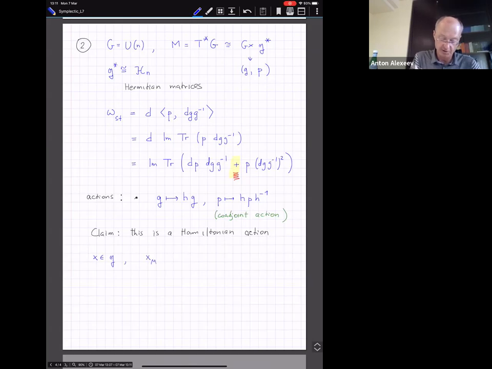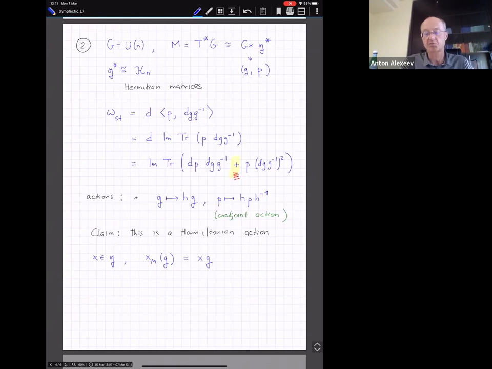Let me write it down, and then you tell me whether you believe me. X_M of G will be xG. Remember, these are matrices, that's why it's so easy for me to write such formulas.